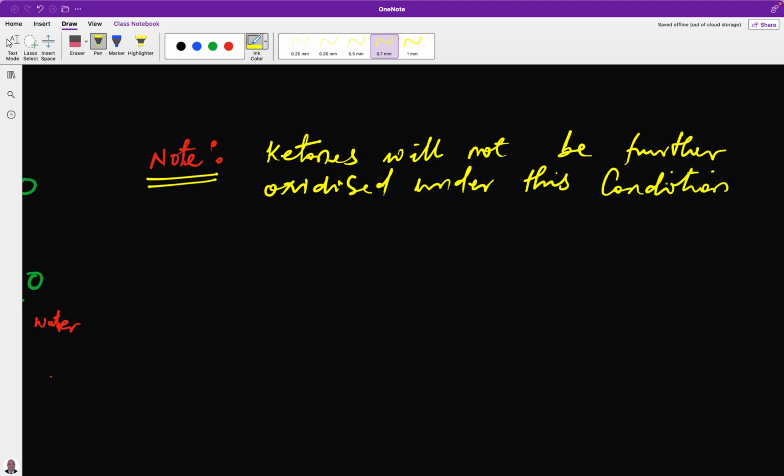Under this condition, ketones will not be further oxidized. The only one that can be further oxidized is phenylethanone.